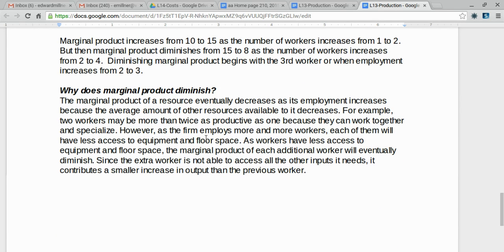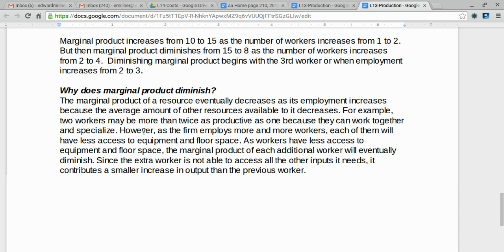The marginal product of a resource eventually decreases as its employment increases because the average amount of other resources available to it decreases. For example, 2 workers may be more than twice as productive as 1 because they can work together and specialize. However, as the firm employs more and more workers, each of them will have less access to equipment and floor space.